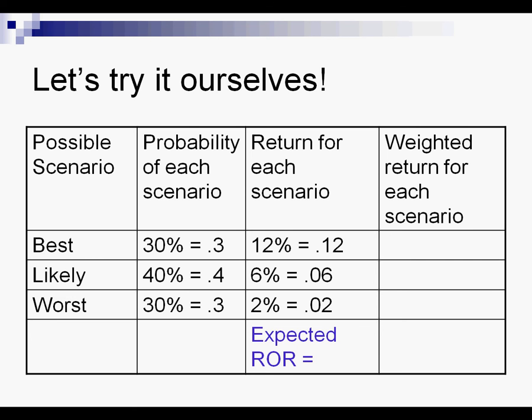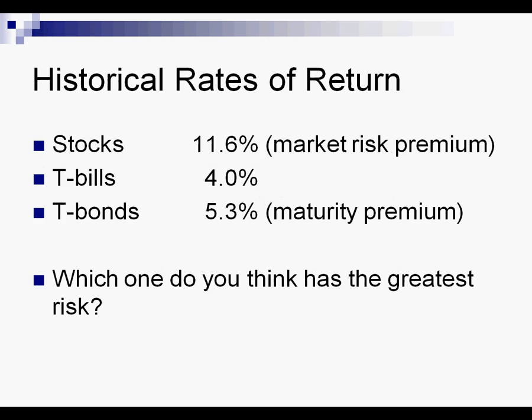You would take the 0.4 times the 0.06 for the likely scenario, and 0.3 times 0.02 for the worst scenario. We will be going over that in class, so don't panic if it doesn't instantly gel with you. We'll have plenty of time to work with that.